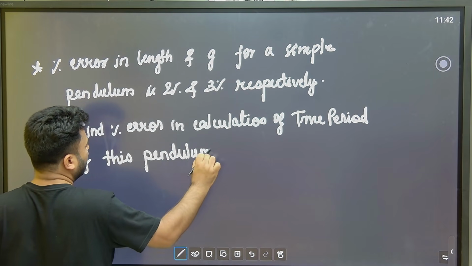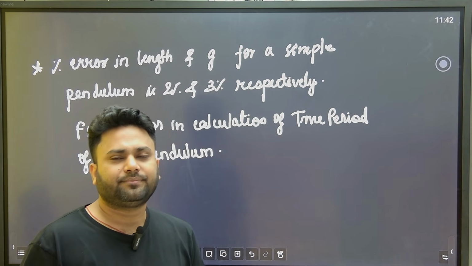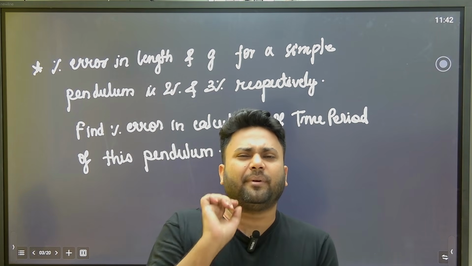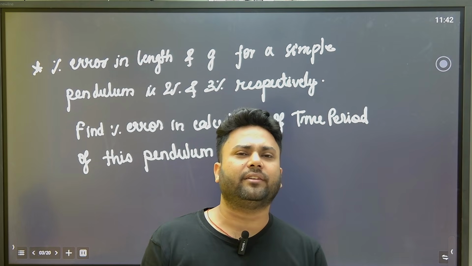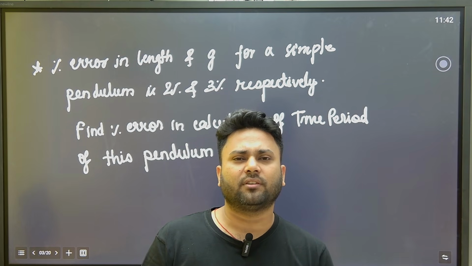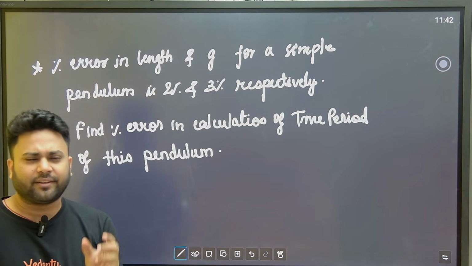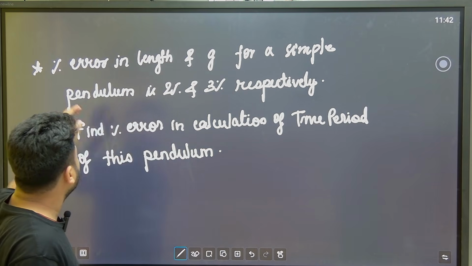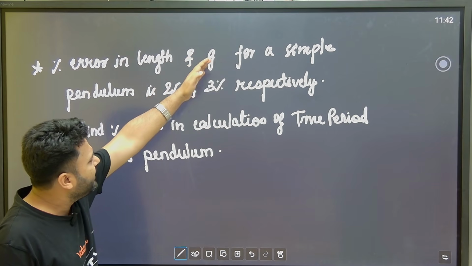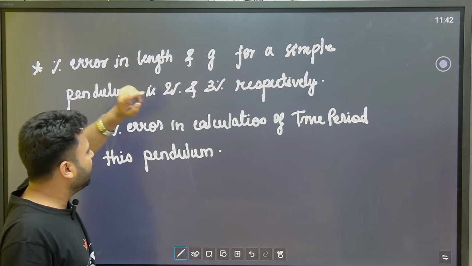See, whenever you get one question, read the question line by line, and whatever things you can write now, that you write. This is the correct approach. Just don't read the entire sentence. Read line by line, and whatever you extract, you write. Percentage error in length and gravity is 2% and 3%.